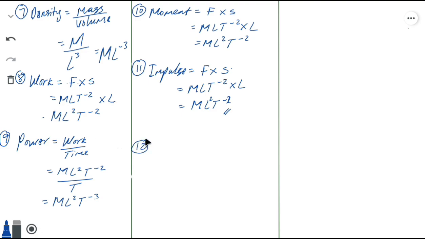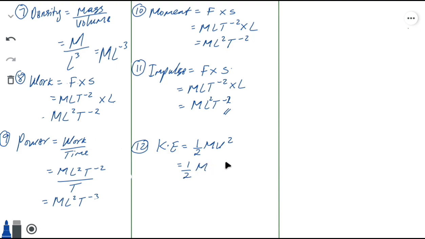So let's consider other quantities. Let's consider the kinetic energy formula. Let's find the dimension of kinetic energy. And the formula for kinetic energy is 1 over 2 mv squared. So having this now, we have 1 over 2.